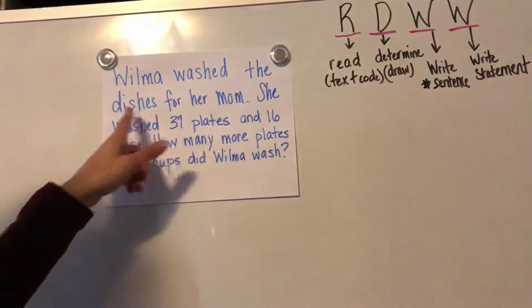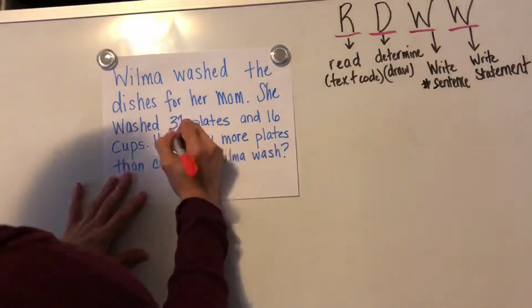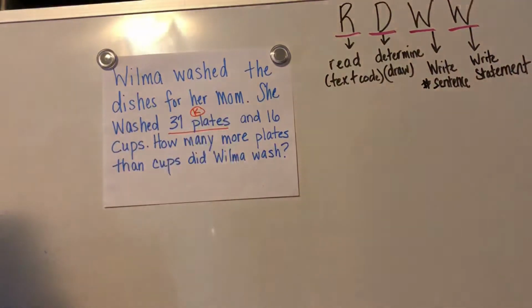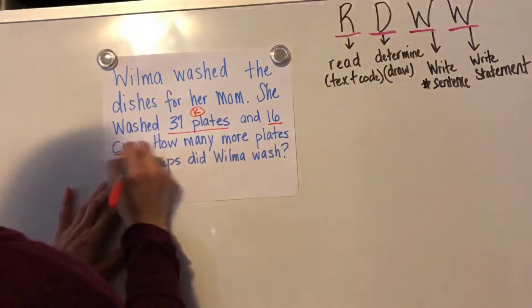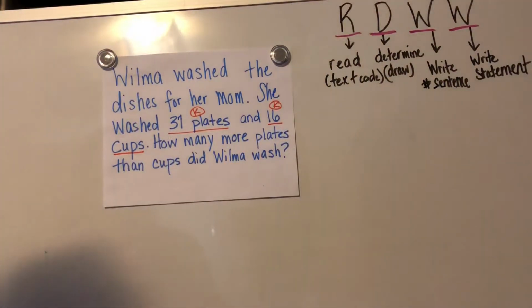So what's one thing I know here? Well, Wilma washed dishes for her mom. She washed 37 plates, so that's going to be a K. And 16 cups, so that's going to be a K. That's really all I know so far, because the rest of it is something I want to know.